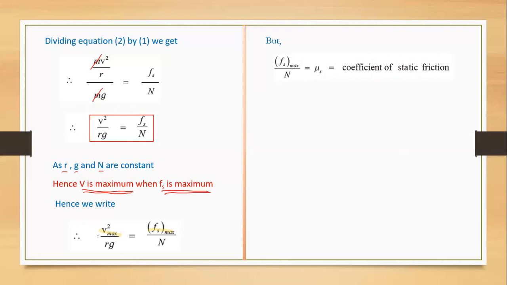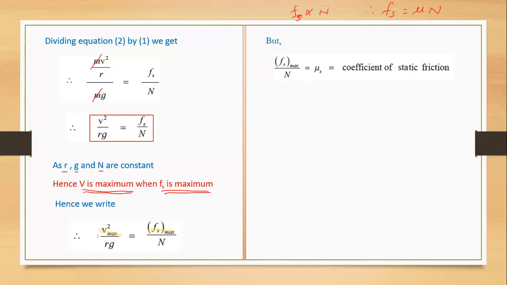You already learned the laws of static friction in 11th standard. In the first law, the force of static friction is directly proportional to normal reaction. Hence we write force of static friction is mu into N. Mu is the coefficient of static friction and N is the normal reaction.